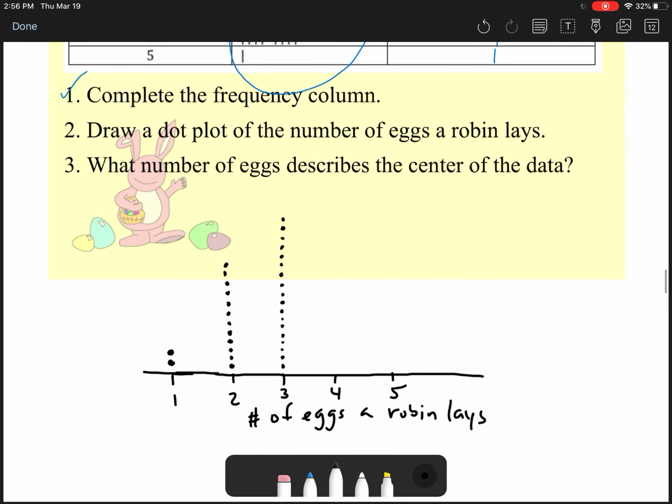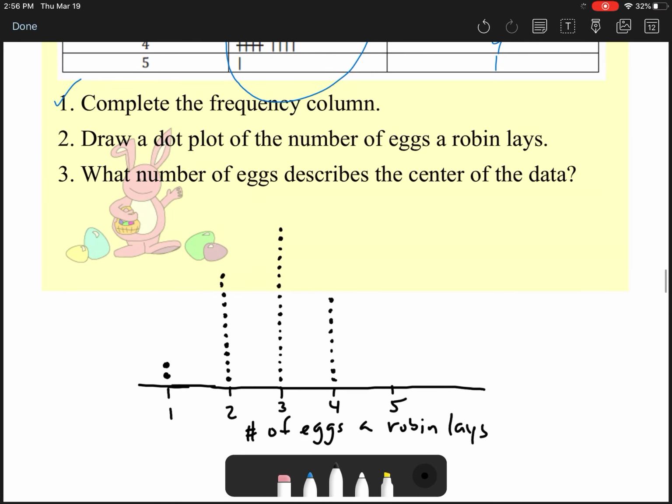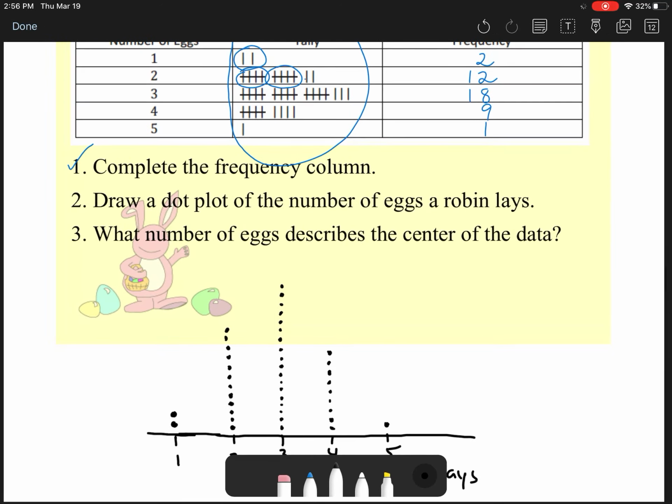We have 9 robins that can lay 4 eggs. 1, 2, 3, 4, 5, 6, 7, 8, 9. And finally, 1 robin that can lay 5 eggs.